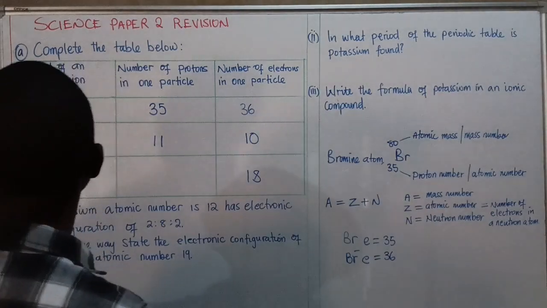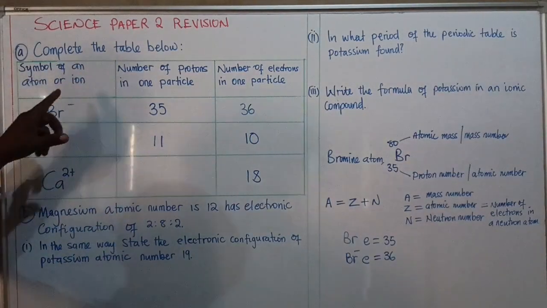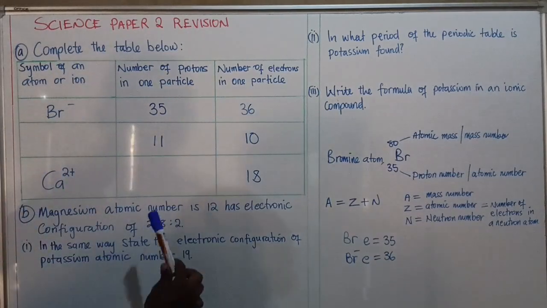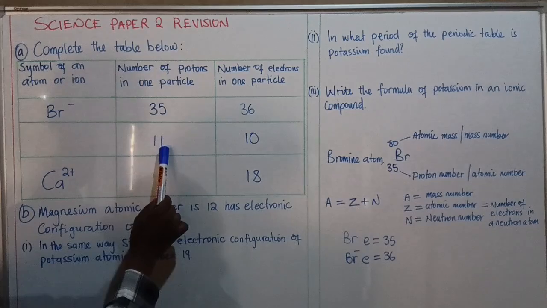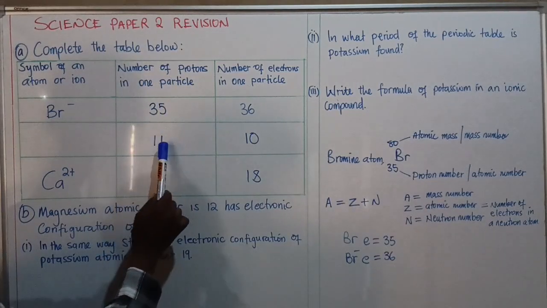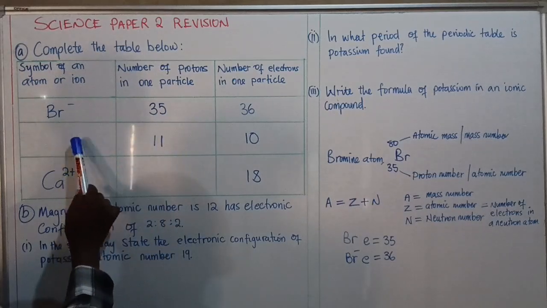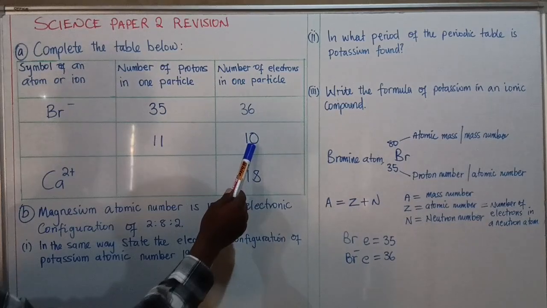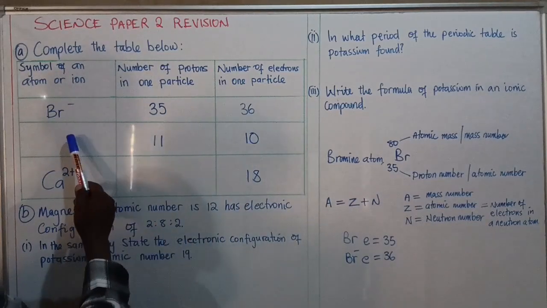Then we come to the symbol of an atom or ion. Here we have not been given the symbol, but we have been given the proton number or atomic number of this particular atom, and also the number of electrons of this atom.